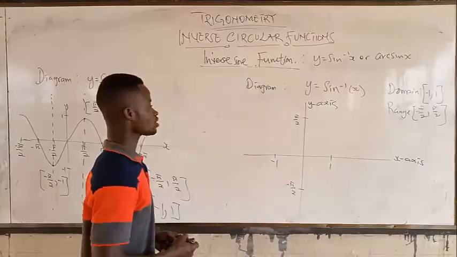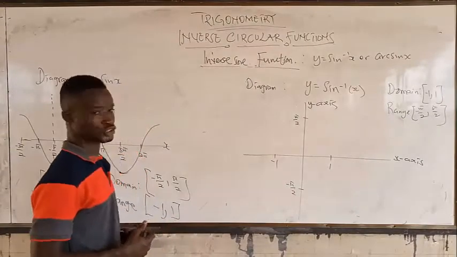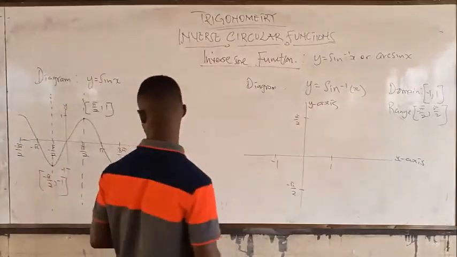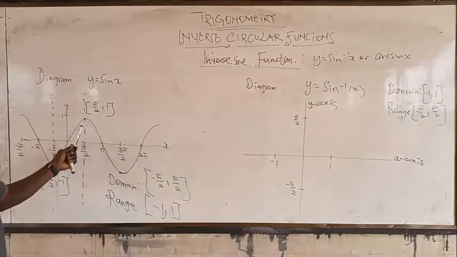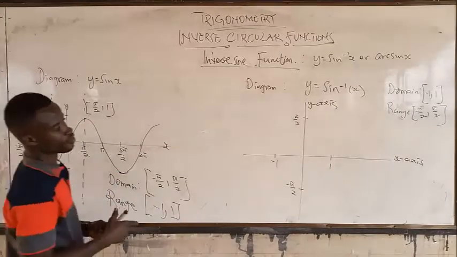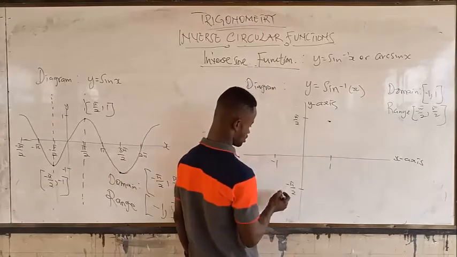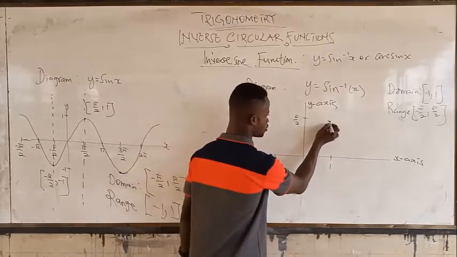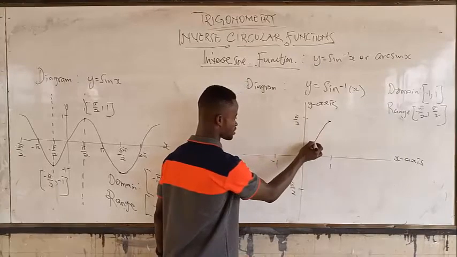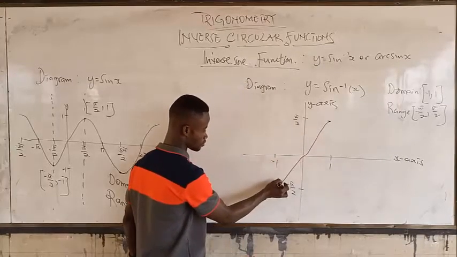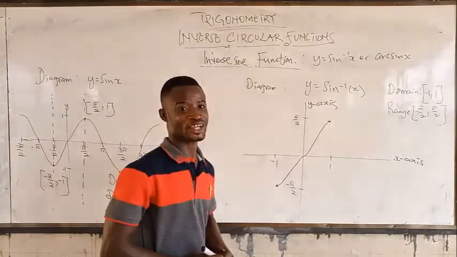Very good. And the sketch is going to be this way. That is like that. So there will be one point here. There will be another point here. So that is going to be like this. It's not nice, eh?